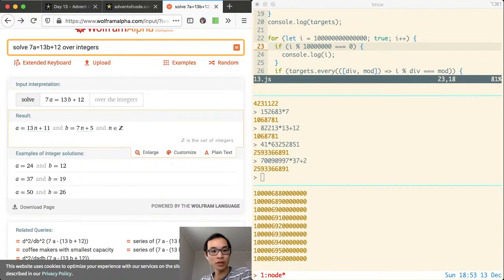This is like high school maths where you're not sure how to actually solve it, but if you get the answer, you can work backwards to figure it out. 7 times 13 is 91n plus 77 equals 91n plus 13 times 5 is 65 plus 12, which is also 77. Of course.